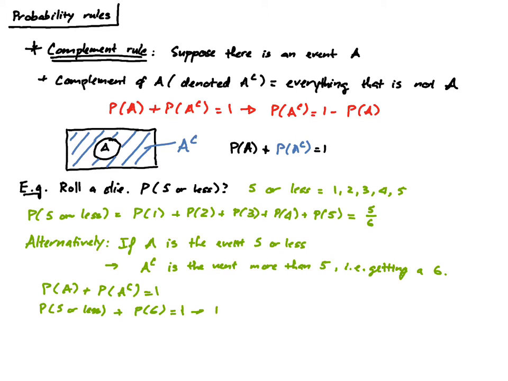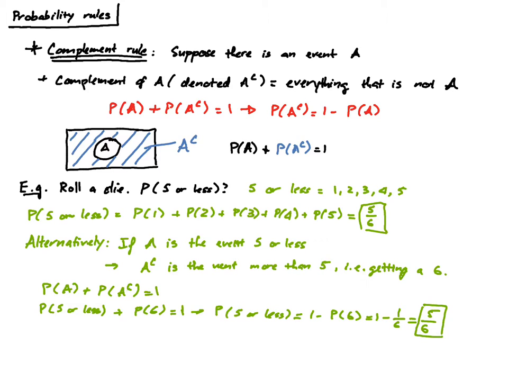So the probability of getting a 5 or less is going to be equal to 1 minus the probability of getting a 6. But we know that the probability of getting a 6 is 1/6, right? So this is 1 minus 1/6, which is 5/6. This gives us the same answer as before.